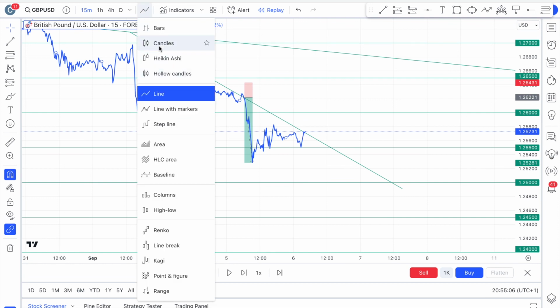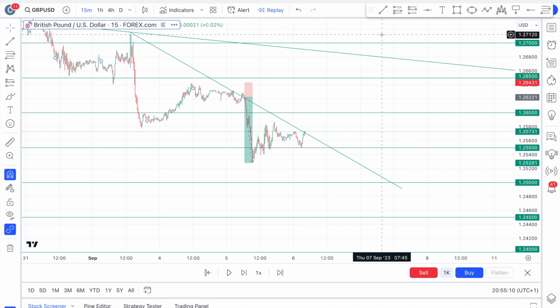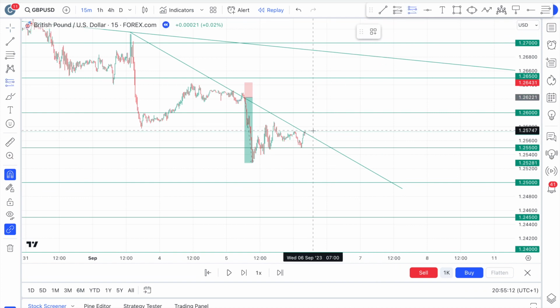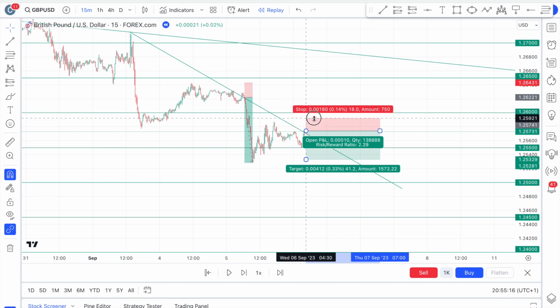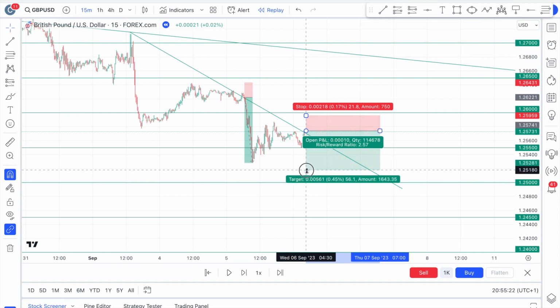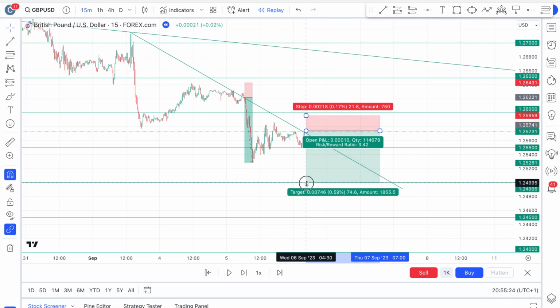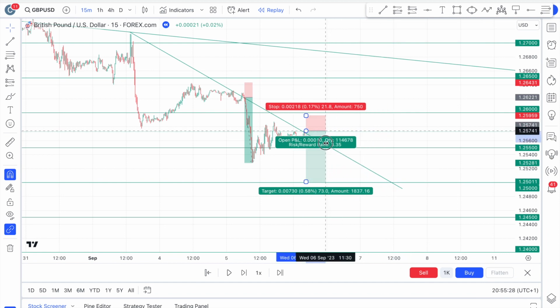So we're going to take this price, put it here using a 20 pip stop loss. I'm targeting a 1:3.42, and we'll actually take the trade.